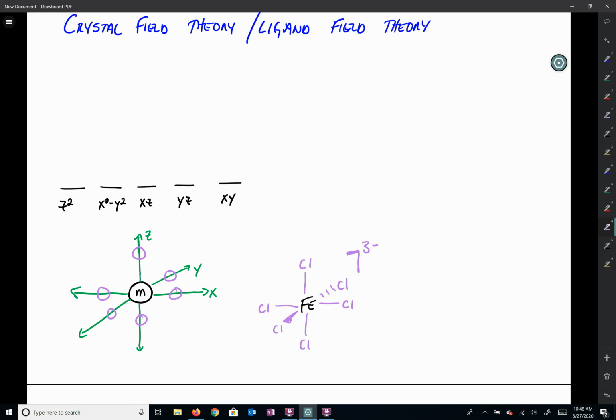So as you can see, we've got 6 chlorides surrounding this one iron, and these 6 chlorides are lying on the axis.